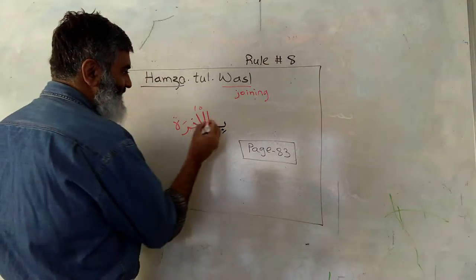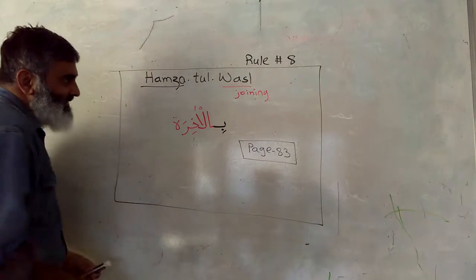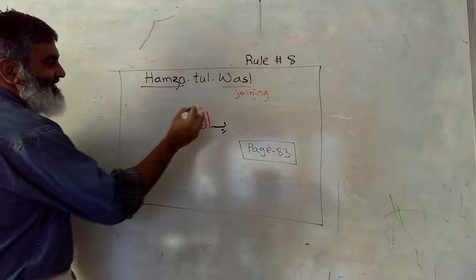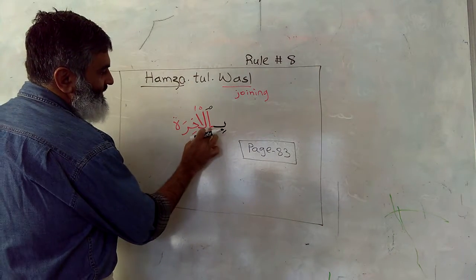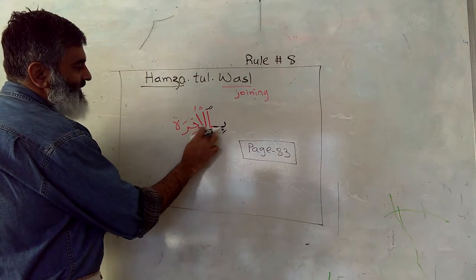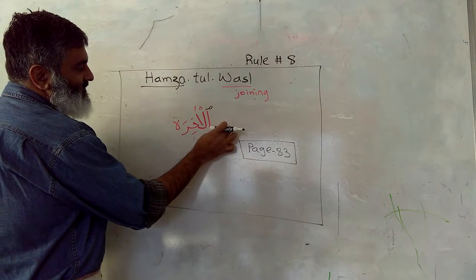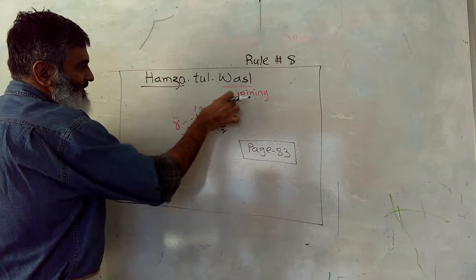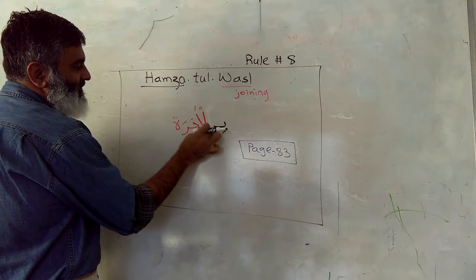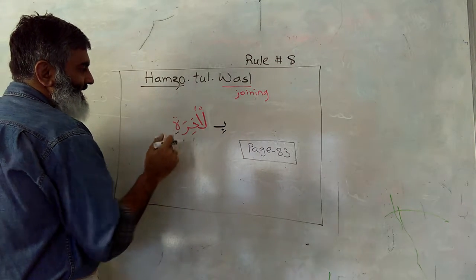And this alif is joining with the ba. Now notice that if this alif has this symbol on it, it means that this alif should be skipped and this b should be joined with lam, making it bil, as if this alif doesn't even exist. It becomes bil akhirati.